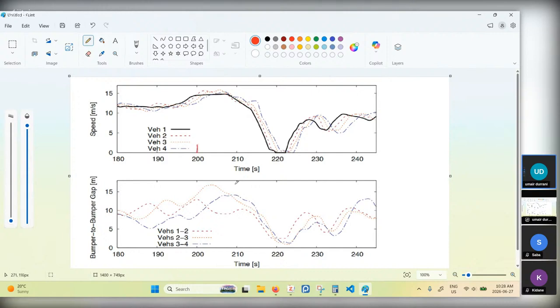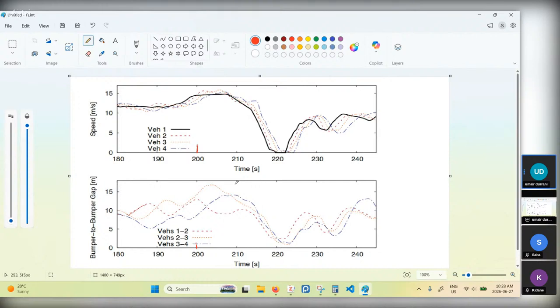So we see here the speeds are not oscillating, there's some variation in the speeds, but they look more or less the same. They are around the speed of the leader. But within the same time, we see that there are different gaps. For example, vehicle number 2 is following vehicle number 1, and that is represented by this line.